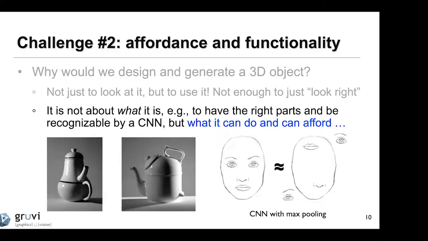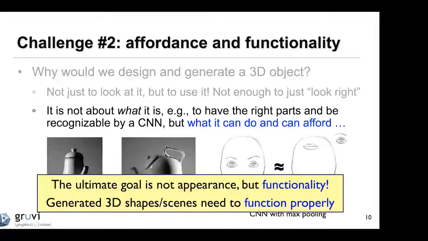So that's not enough. What really matters is to generate something that can afford to function. It's about what it can do and afford. To me, the ultimate goal to generate 3D objects or scenes is not appearance, but functionality. The generated 3D scenes and shapes need to function properly.